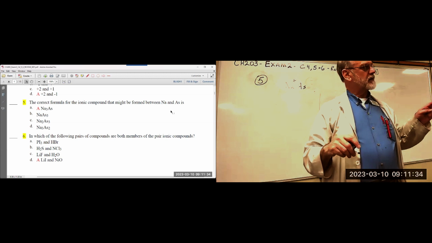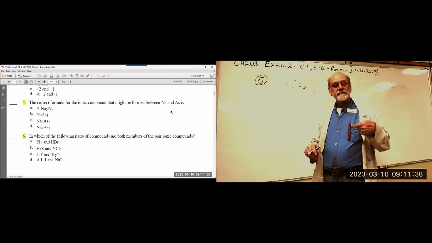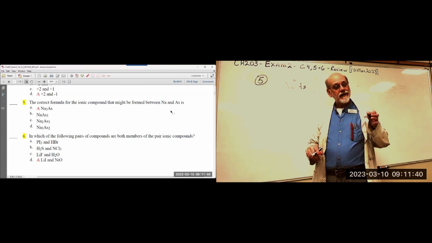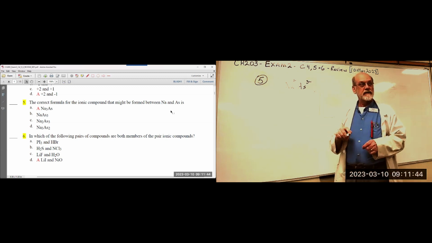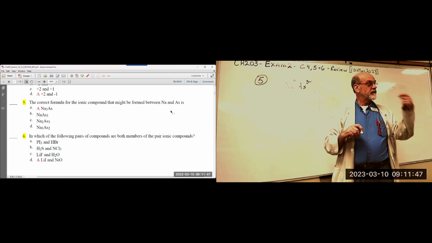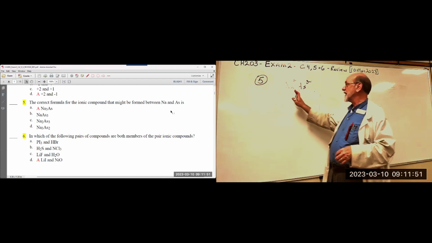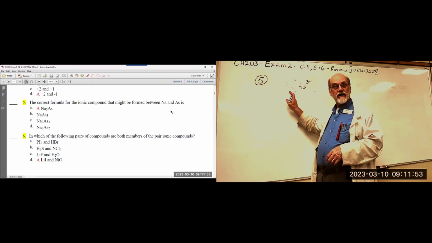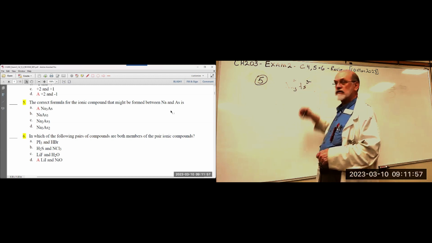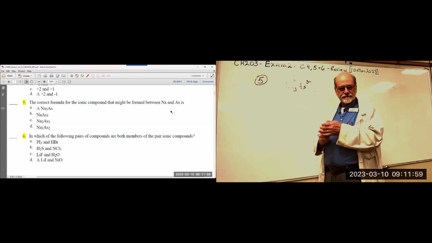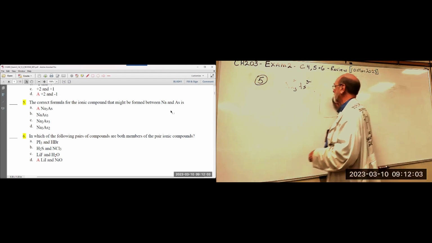It's a nonmetal. It comes from the nitrogen group. And when they form ionic compounds, they always have a 3- charge. Right? Nitrogen does, phosphorus does, arsenic, antimony, all those have 3- charge in this type of compound, ionics. So that means we need 3 sodiums to balance the charge. And that would be A, the answer for that one.